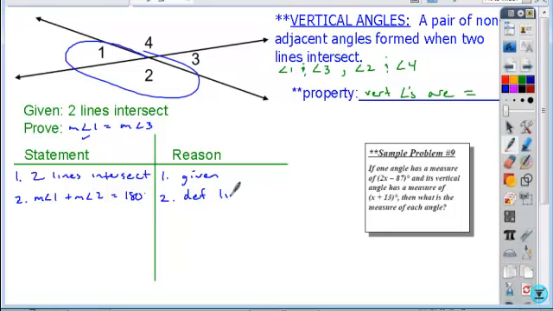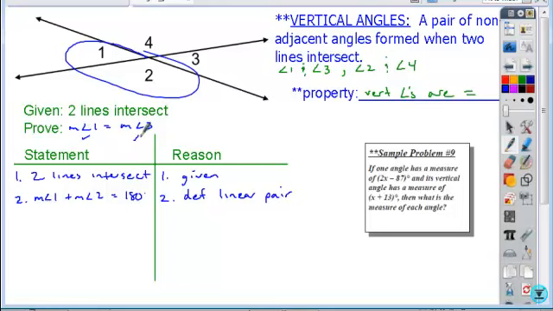They're a linear pair. So by definition of linear pair, we can make that statement. So we've introduced angle 1. Again, we can only use definitions, postulates, axioms, and previously proven theorems. We haven't proven any theorems yet, so we're limited to just postulates, axioms, and definitions. So we have a definition of linear pair. We were able to introduce angle 1 into our proof.